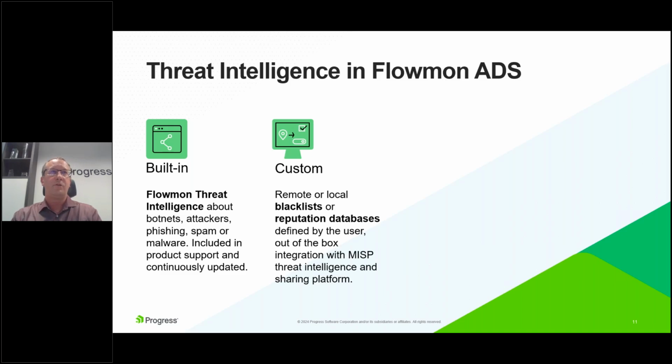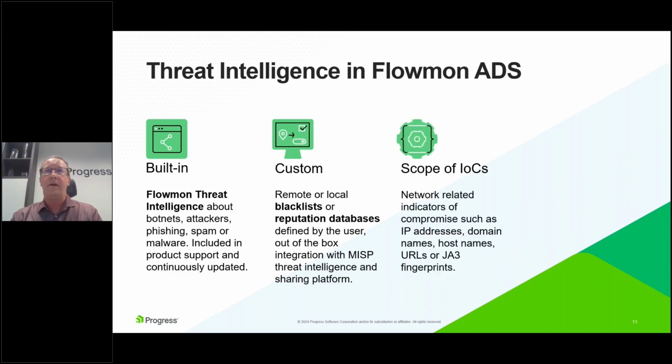You have the option to bring custom threat intelligence sources, which refer to blacklists or reputation databases that can be either locally updated to Flowmon ADS or accessed remotely, published on some web server. There is also the option to integrate with the so-called MISP threat intelligence platform, and I'm going to show you what that is in a moment.